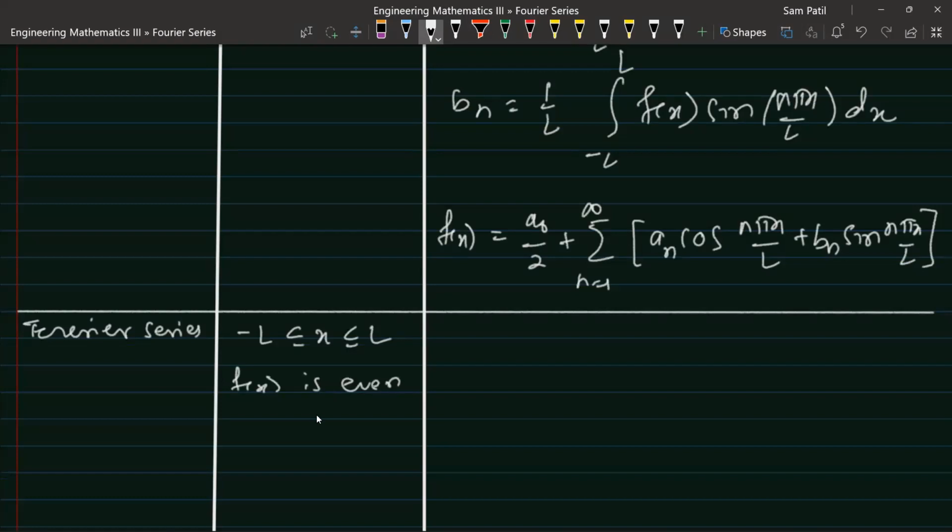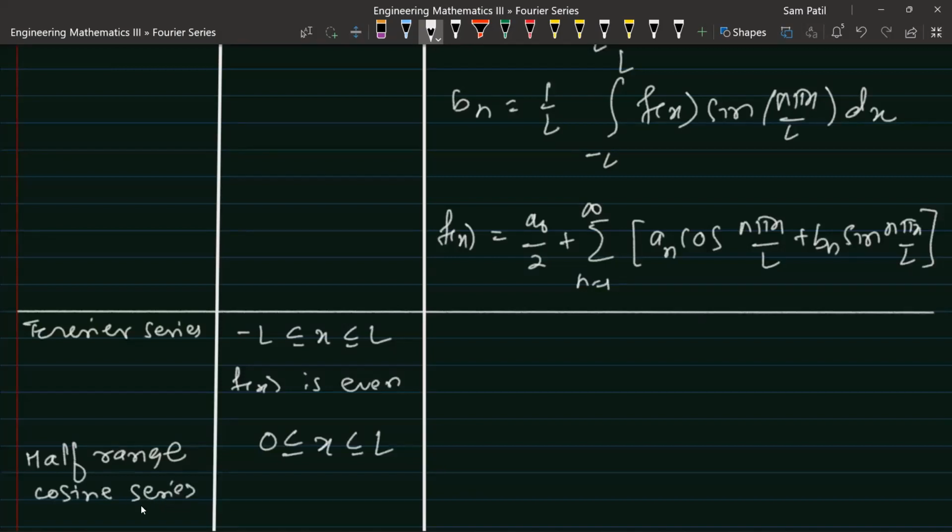If the function is even, the interval minus L to L becomes 0 to L. And once the interval becomes 0 to L, the Fourier series is nothing but what is called a half range cosine series.